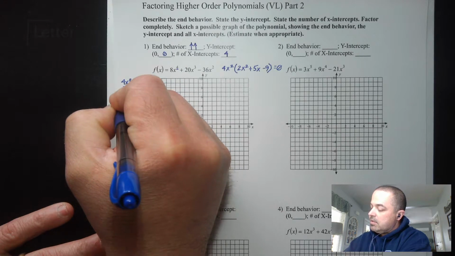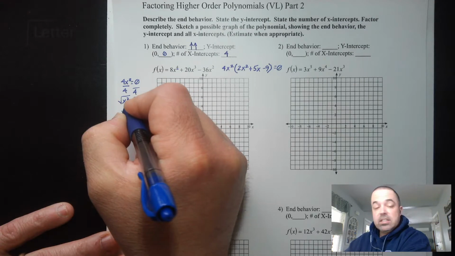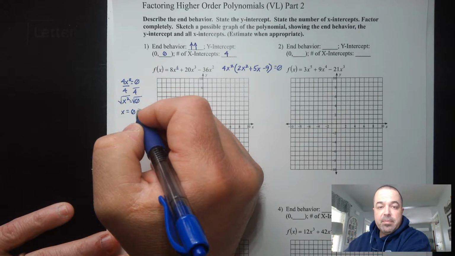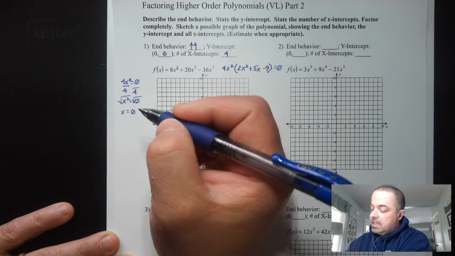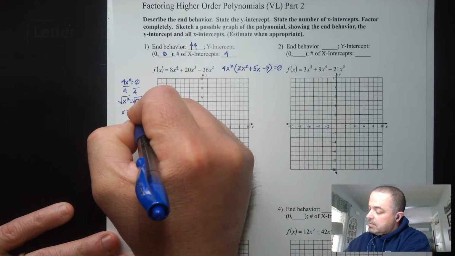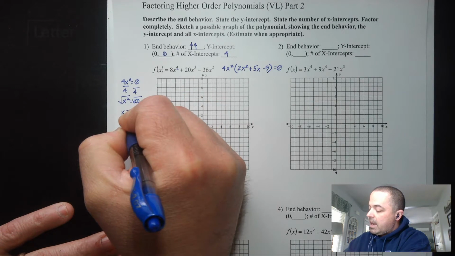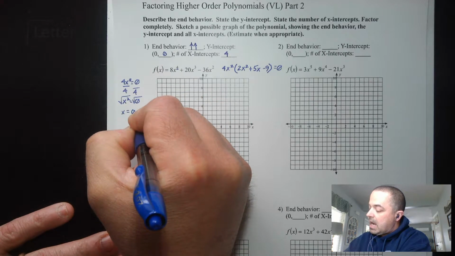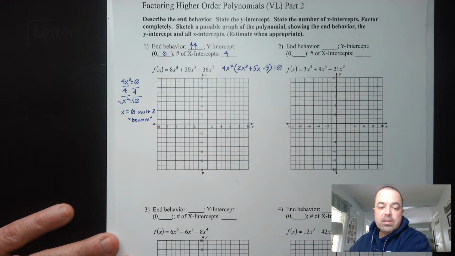Take the square root of both sides, x is equal to 0. But remember, because it was squared, that means it is going to be a multiplicity of 2, which means the graph is going to bounce at the x-intercept of 0. So I just need to keep that in mind as I go about checking and drawing up my graph.